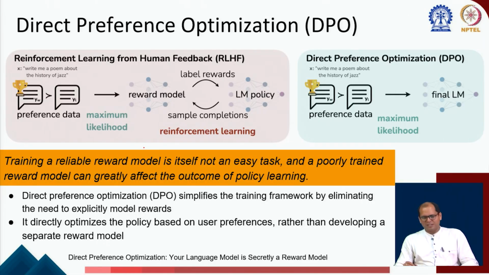So now, what is direct preference optimization? You would recall the RLHF pipeline by now. So what do you do? You have a language model, the LM policy, that you want to train through RL. You keep giving a prompt and you generate a completion.